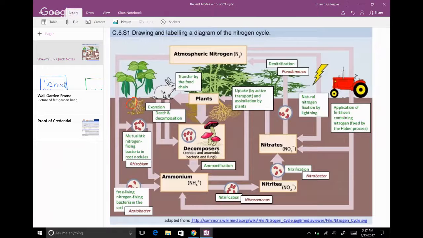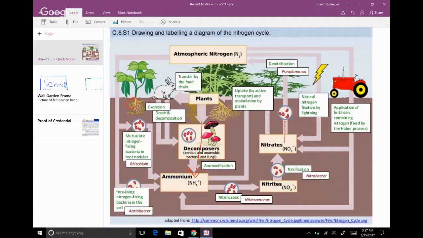Then another option is that nitrogen gets transformed into different things. Ammonium can be found in your pee. That's one form. When things break down, you get a lot of ammonium there. And then they turn into nitrites and then nitrates. I'm not expecting you to remember those words, but if you do, bonus points.